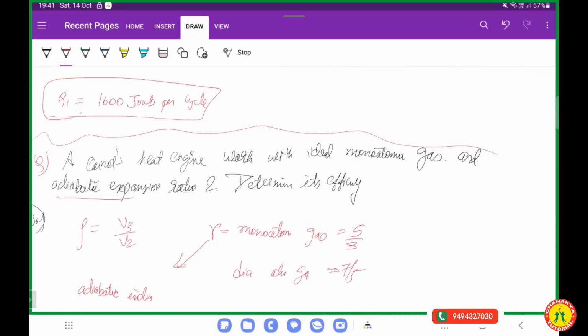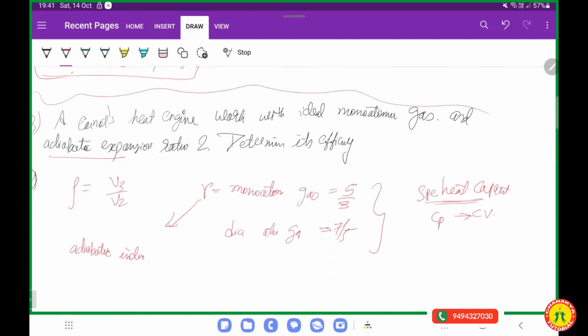These are diatomic. Now these two values, what do they represent? Specific heat capacity, meaning the Cp to Cv ratio. This ratio gives us the gamma value.